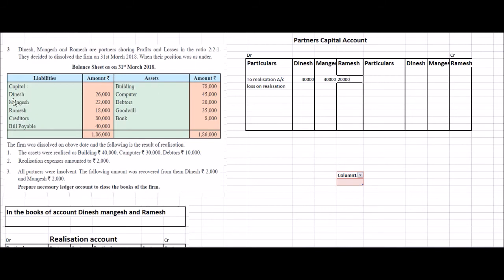And next is their capital amount, by balance brought down amount.